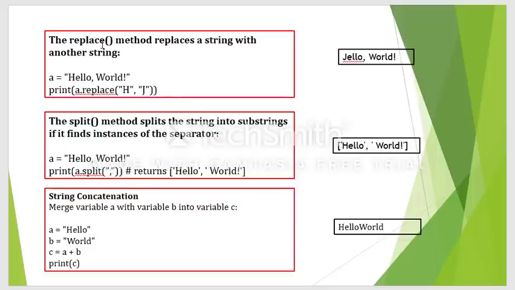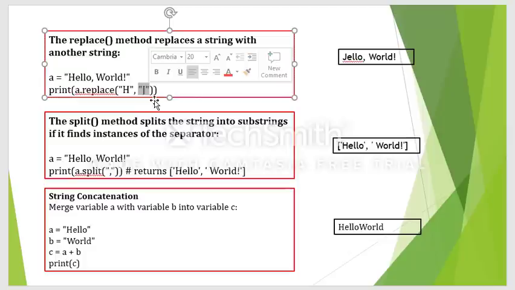Next, we have something called the replace method. With the replace method, if you want to replace any letter or word in the string with some other word, you can do this. Here I am removing this H and replacing it with J. So I can write print a dot replace, then in brackets the first one is the letter to be replaced, and then what we should put in its place.